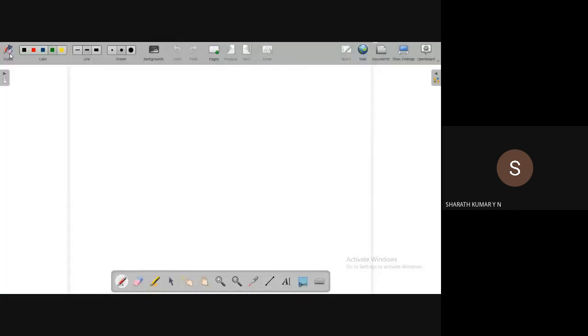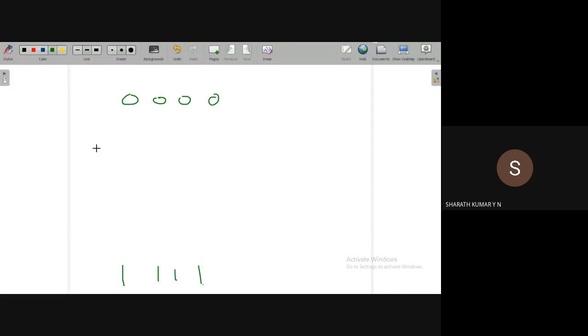So when we see the binary ripple counter, it starts from 0000. It goes up to 1111. This is Q8, Q4, Q2, Q1. For a 4-bit binary ripple counter, Q8 will change state only once.